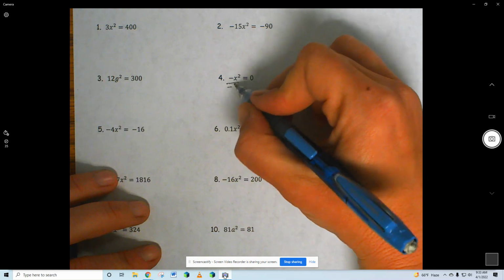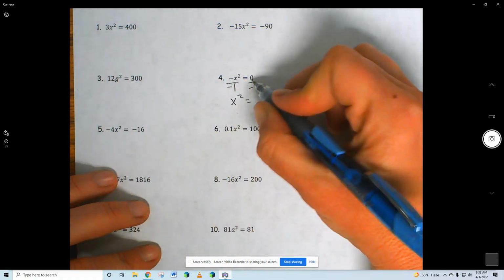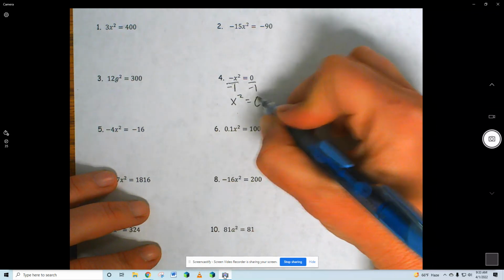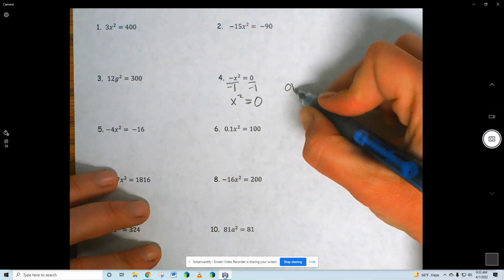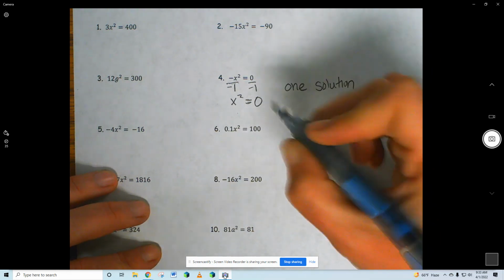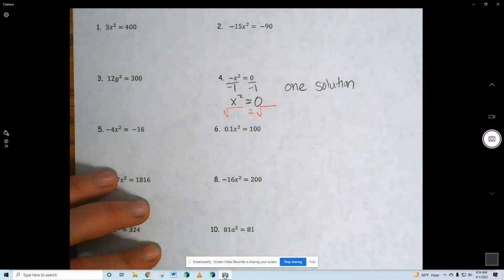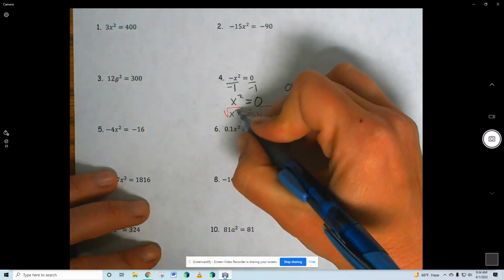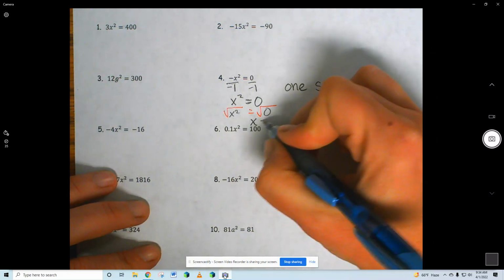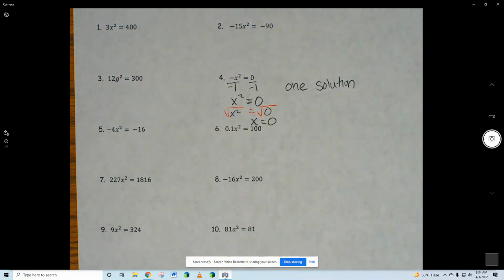So it's like divide by negative 1. But 0 divided by anything is 0. This only has one solution. All right, so go ahead. You've got 1 through 14.